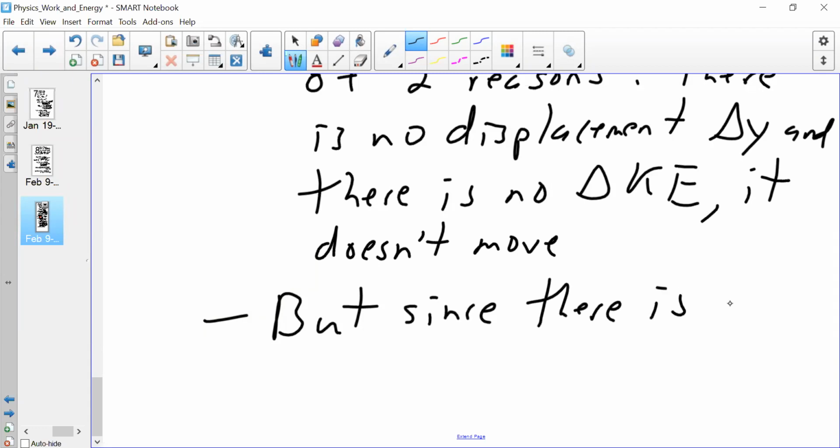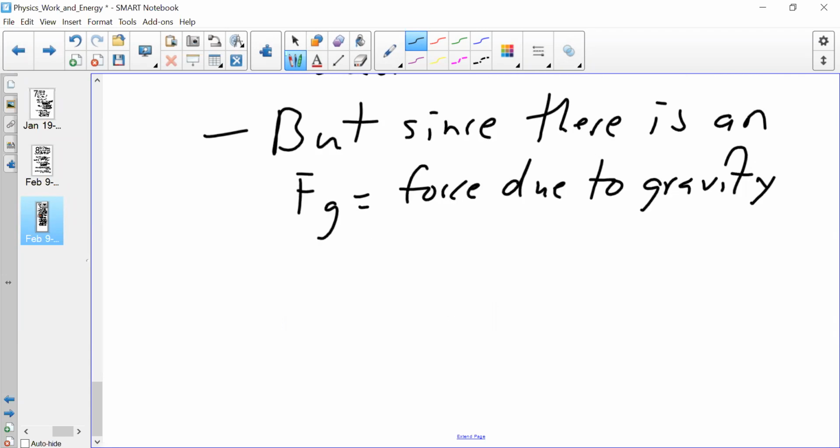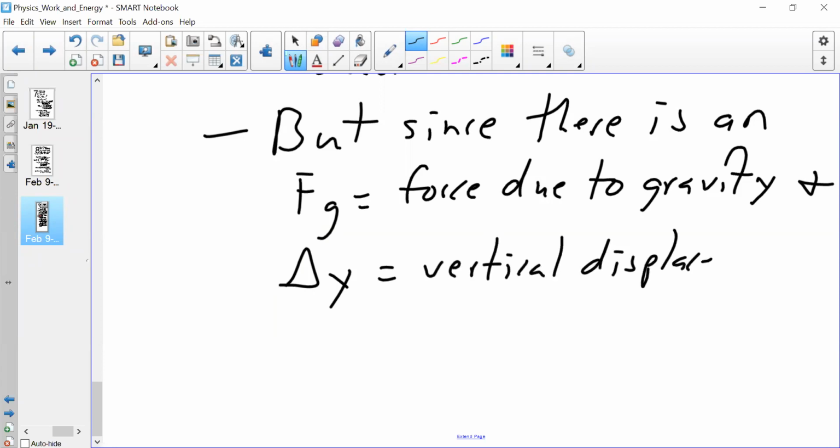But since there is a force due to gravity, remember Fg is the force due to gravity. Since there is an Fg and there is a delta y, technically I'll say this, vertical displacement, or simply put just a height, as a height above 0.